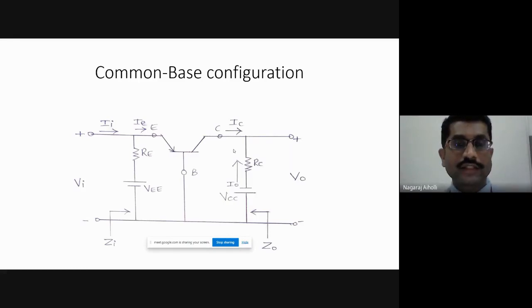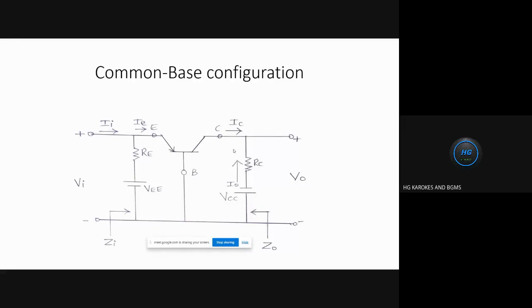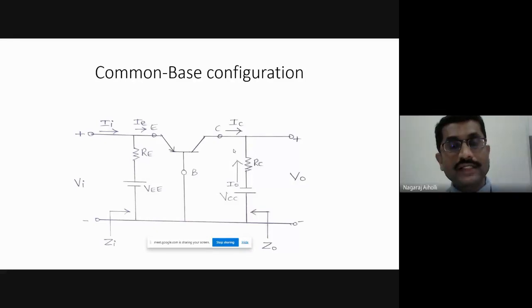In common base configuration, we are considering what? Alpha or beta or gamma? Beta, sir? No, beta is for the common emitter and common collector configurations. In common base configuration, we are considering alpha.